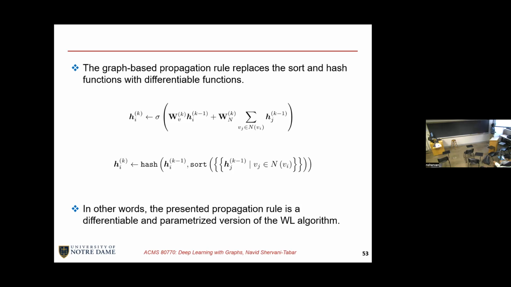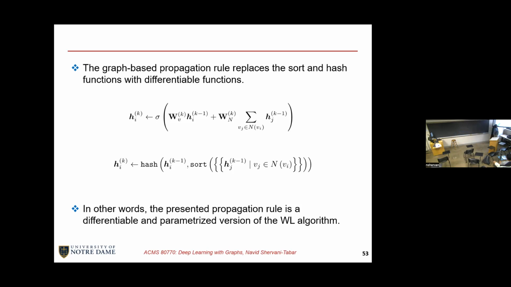And that's analogous to the hash function, the relabeling that we have. So we have just defined differentiable versions of these. And loosely speaking, we can present our propagation rule as a differentiable and parameterized version of the Weisfeiler-Lehman algorithm.